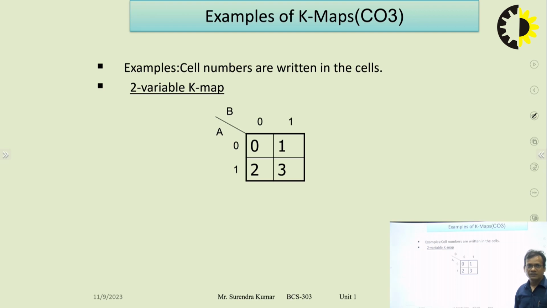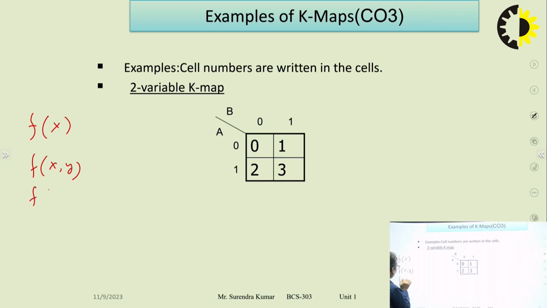Now we start with the representation of the K-map. As already discussed, we may have a function f with one variable, two variables, three variables, four variables.